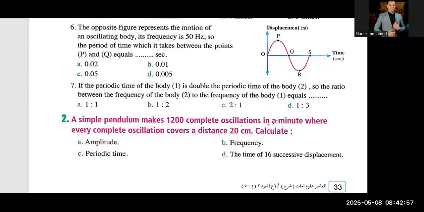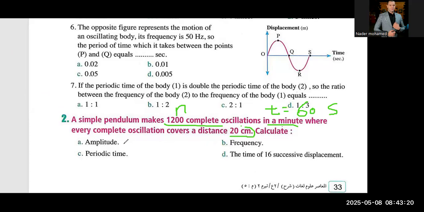Number one, time will be 60 seconds, and 1,200 complete oscillations. Every complete oscillation covers 20 centimeters. Calculate the amplitude.